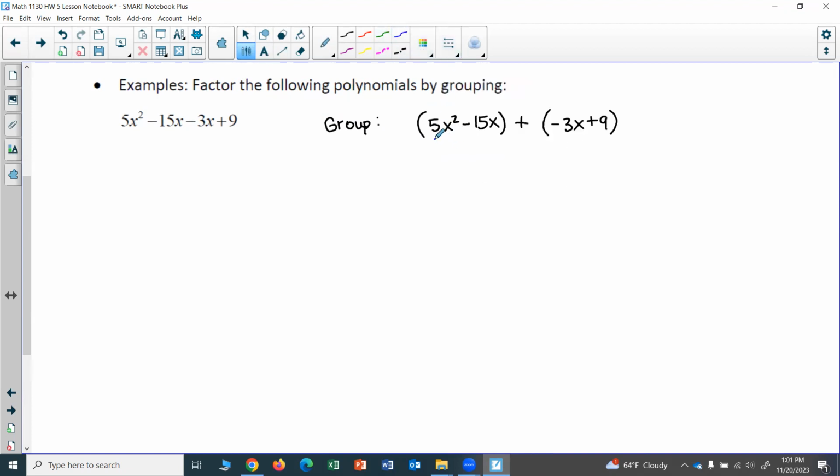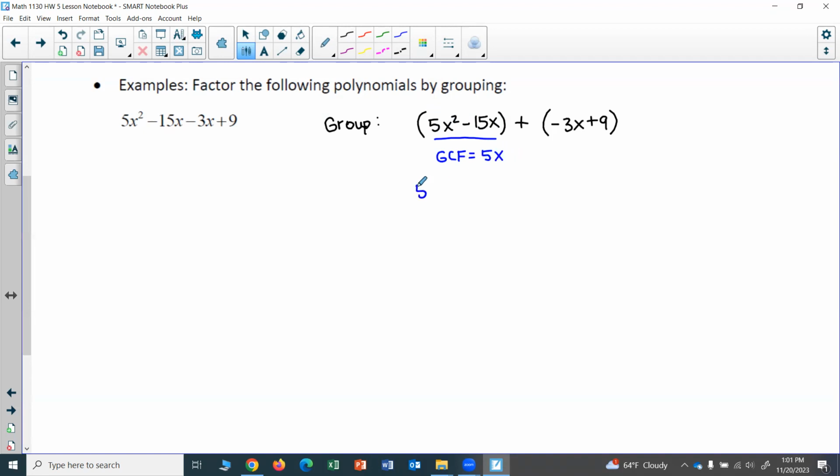So this first group right here, 5x squared minus 15x, I want to figure out the GCF just for those 2 terms. So 5 and 15, the greatest common factor is 5. X squared and x, the lowest exponent is 1, so 5x would be the GCF.